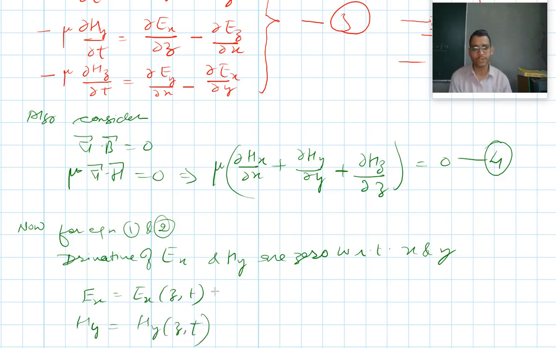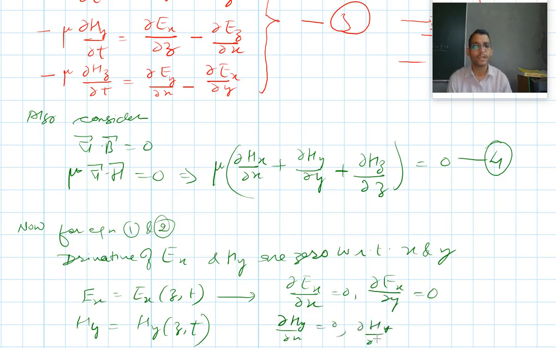So if these are functions of z and t, that means their derivative with respect to x, that is curly Ex over curly x, must be equal to 0, and curly Ex over curly y is also equal to 0. Similarly, the derivative of Hy with respect to x is also 0, and curly Hy with respect to y is also equal to 0, right? This is the thing which we have to keep in mind.